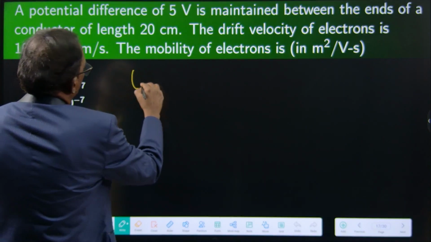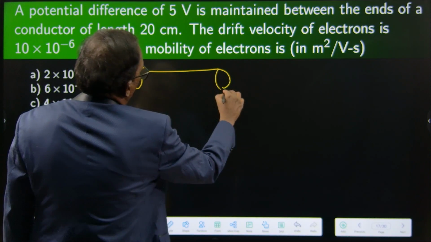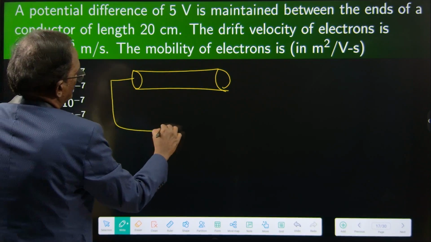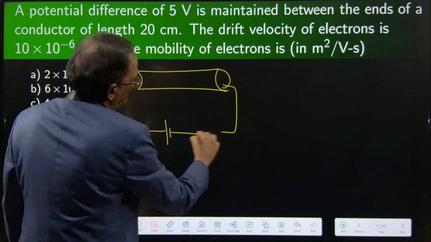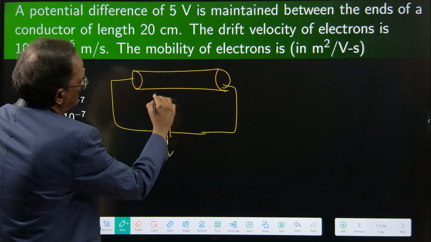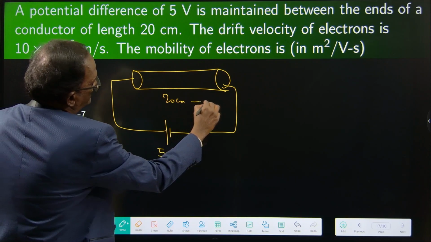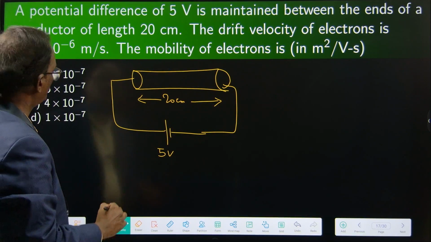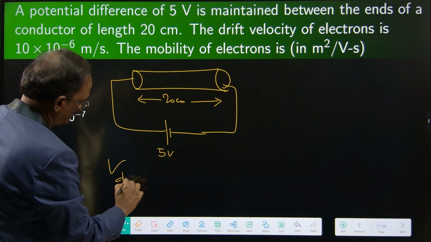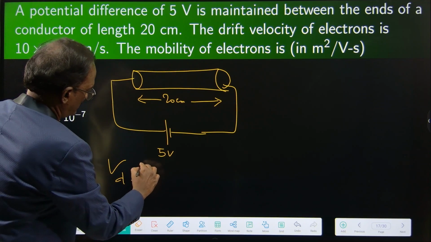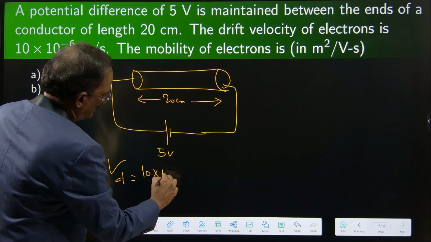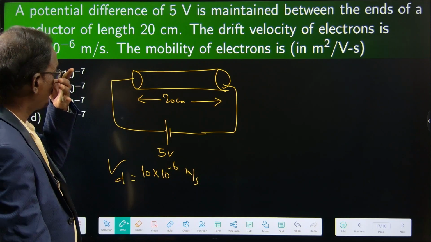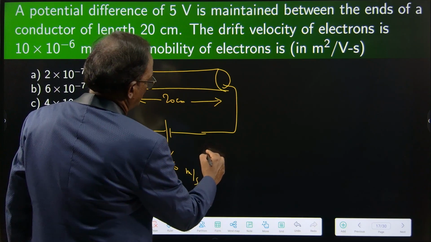This is 5 volt, this is 20 centimeter. The drift velocity Vd is also given, 10 times 10 to the power minus 6 meter per second. The mobility is in question.